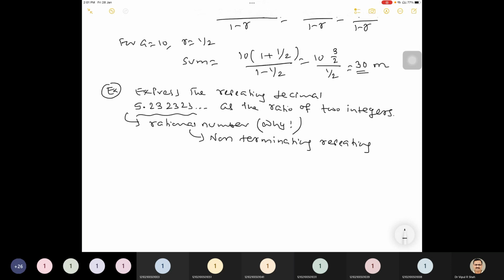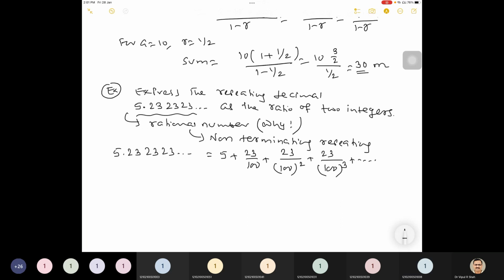So can you do like this? 5.232323 and so on is 5 plus 23 by 100 plus 23 by 100 square, isn't it?